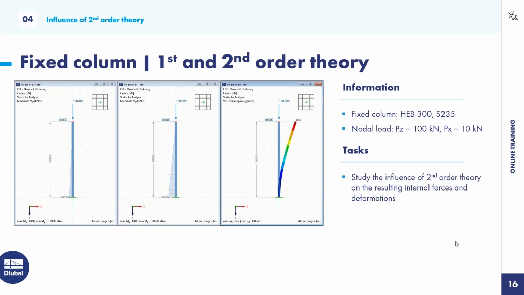And in order to account for this in your RFEM simulation, this is quite easy, and I would like to introduce this step by step again in a small example. So we will take a fixed column and apply a head load and see how the results change if we switch from first order theory to second order theory and account for the nonlinear deformation.